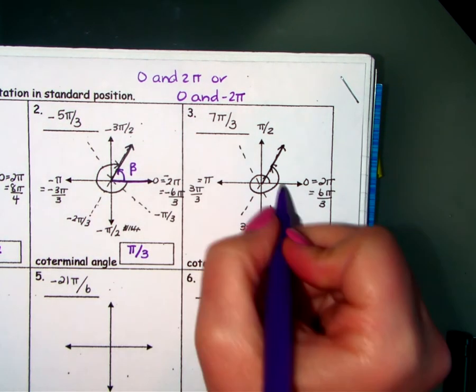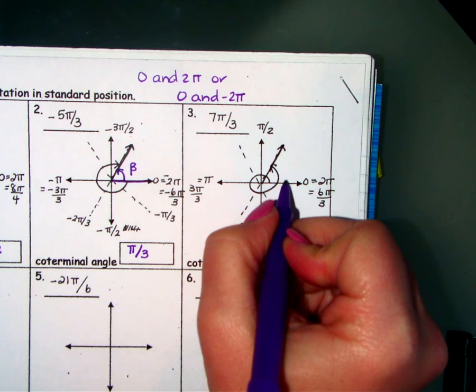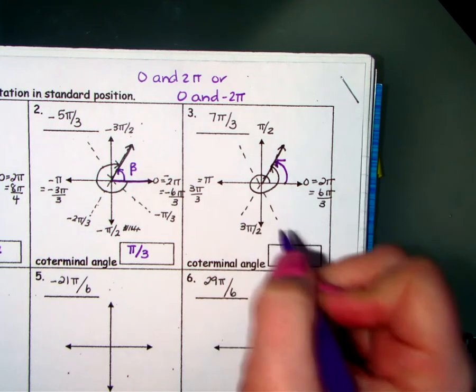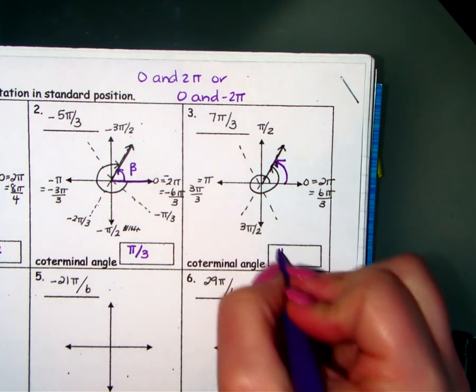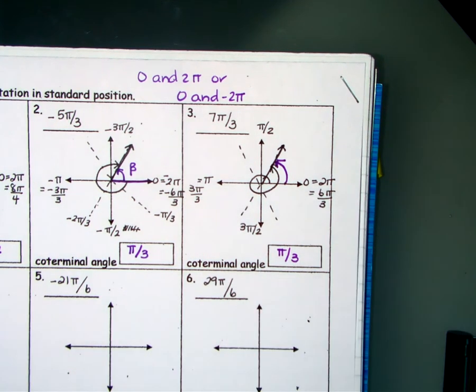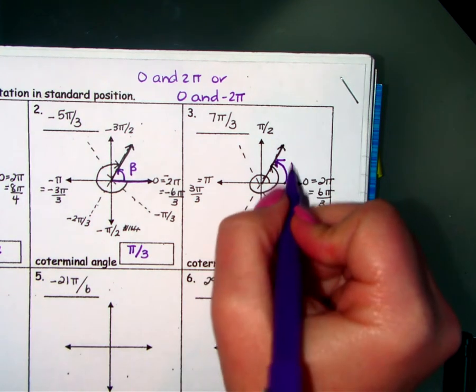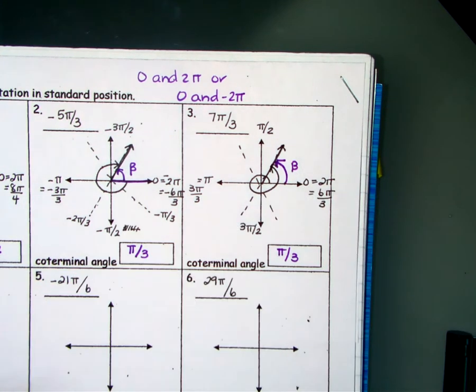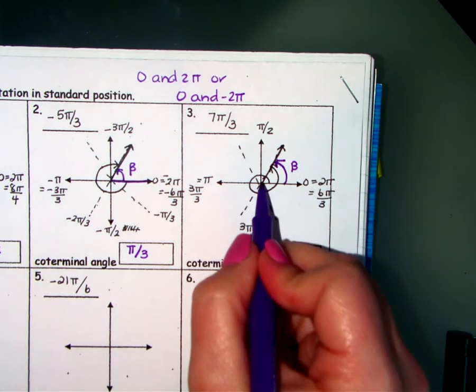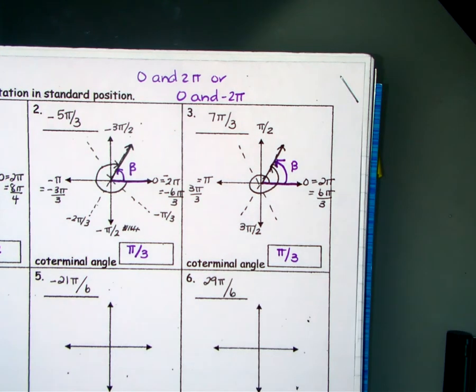And so one thing I could do is just start here and move in a positive direction and go straight that direction, which would give me a pi over 3 increment, just as it did before on this example. So just going straight there. They have the same initial and terminal sides, and that can get me also a coterminal angle.